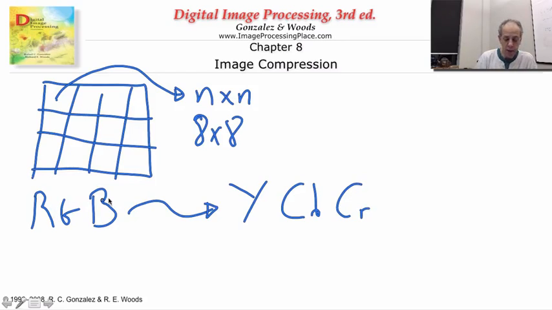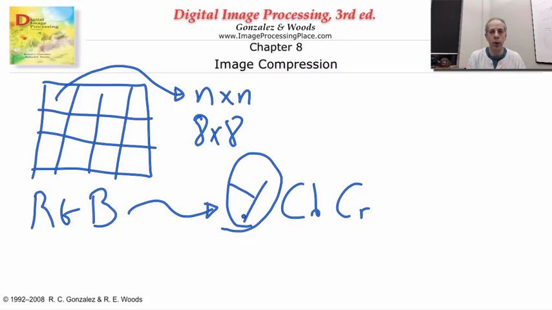But instead of 3 channels RGB, it has 3 channels which are Y, Cb, and Cr. Y is a luminance channel, which is basically what you will see if you have a black and white TV or a black and white monitor. You will get a color image, but you will only see the black and white component, the luminance component of it. And these are the colors.